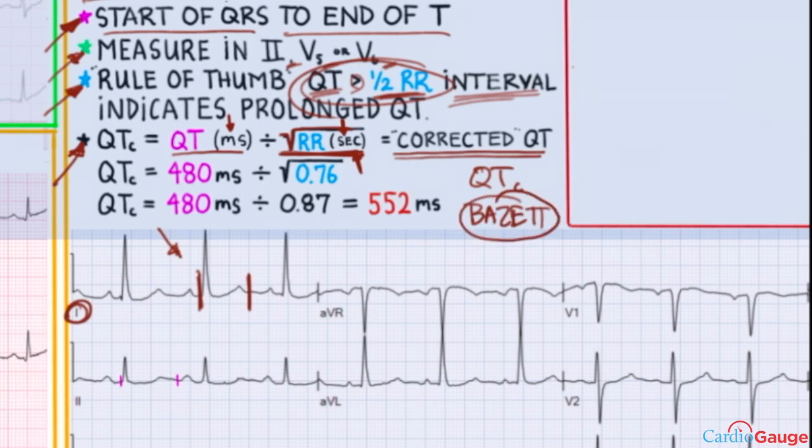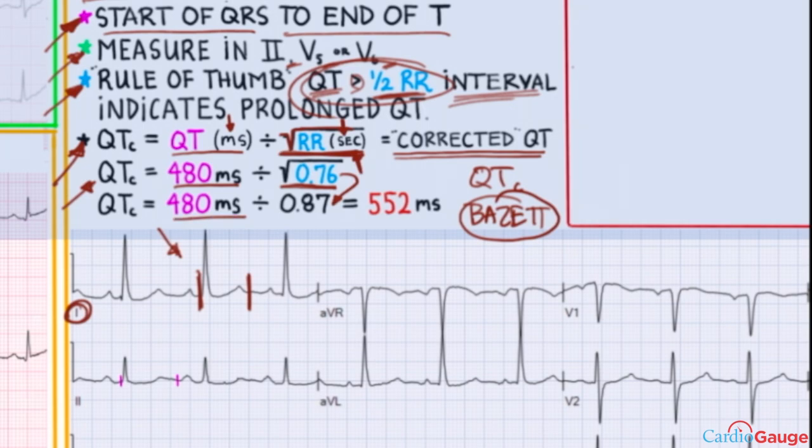Electrophysiologists will argue about what the best formula is, but the fact that they all argue about it indicates that you don't need to try to memorize all the different ones. So in this example, we've got 480 milliseconds, which we measured, divided by the square root of 0.76, which turns out to be 0.87.